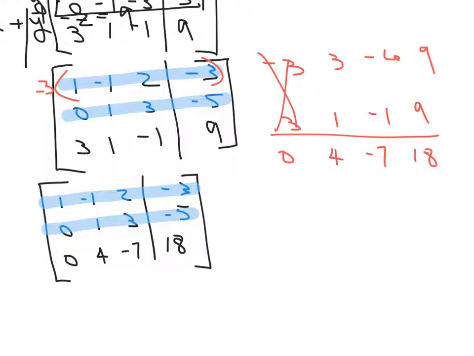I'm not letting any of my other work where I change things around in order to add them to another row mess me up. So third row, I've got a 0 here, I've got a 4 here, and I have a -7 here. This needs to be a 0. This needs to be a 1. So we keep going. How do I make that a 0? Well, if I add its opposite, that's going to give me a 0.